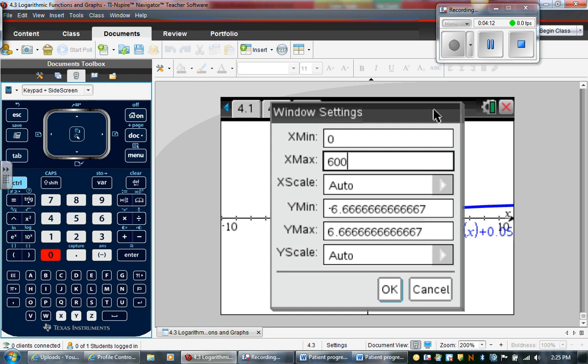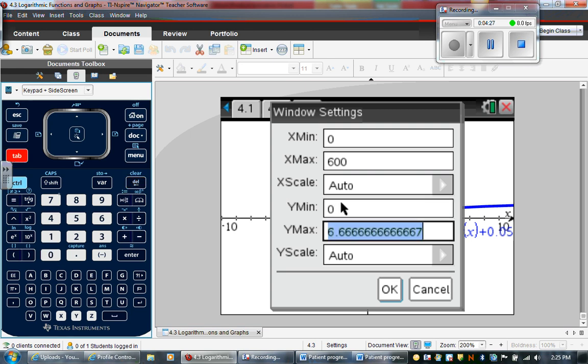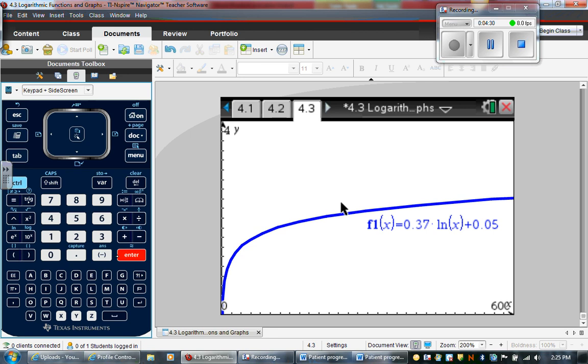We want to give ourselves some time to look through. The maximum y value, we're not going to go incredibly fast because remember we are walking, so let's max that out at 4. Sorry, this needs to be minimum. We're not going to go any slower than 0, so let's do 0 and 4. And here's a nice view of that function.